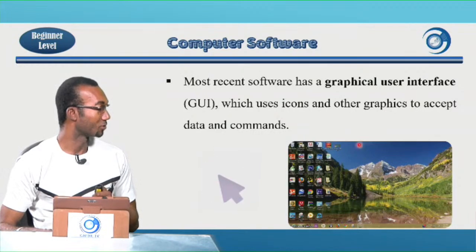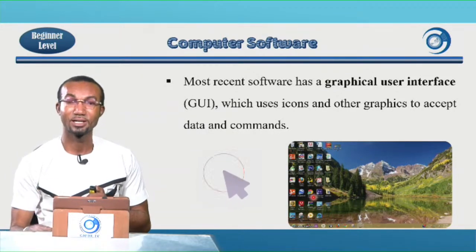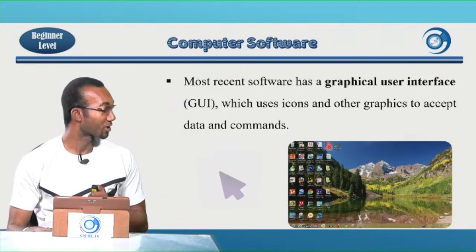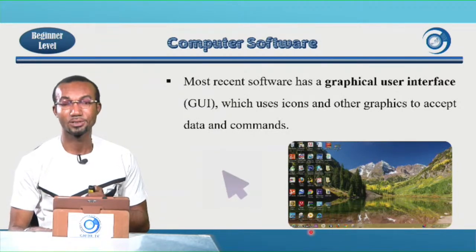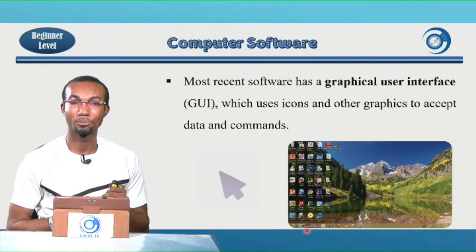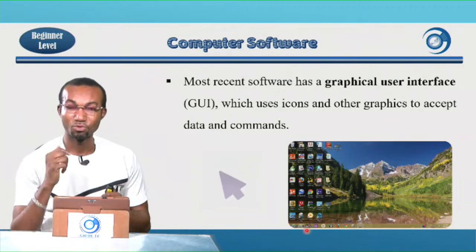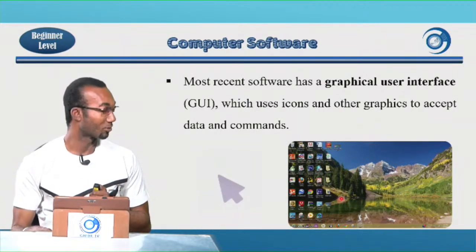So if you look at this desktop you see here, you see some small pictures that represent programs and files, and we call these small pictures icons. They lead you to a file you have saved on your personal computer, or provide a shortcut to a program on your personal computer.